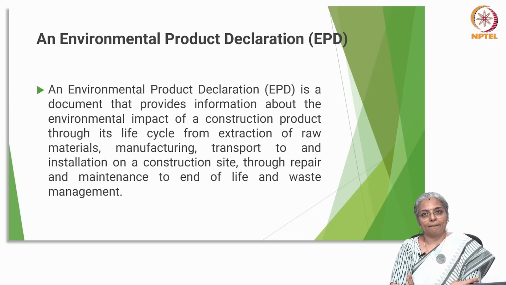Now, what is EPD? EPD or Environmental Product Declaration is actually a document, and in this document we get all the information about the environmental impact of a product, of a building material through its life cycle, starting from extraction of raw materials, manufacture of that raw material into a product, transportation of the product to the site, and also installation of the product in the construction site, also the repairs or maintenance and end of life and waste management.